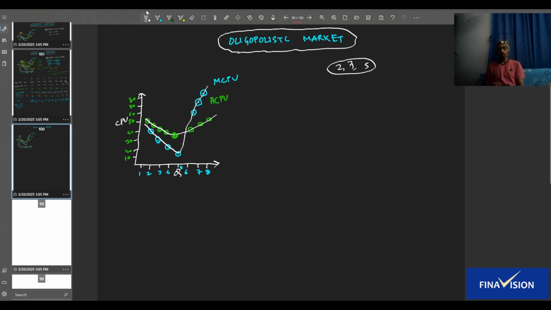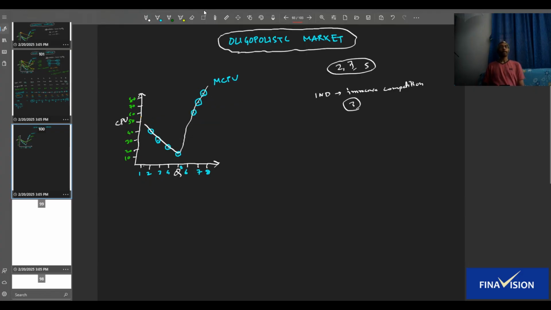But right now we will assume that there is a healthy competition between the participants. For example, the Indian telecom industry, I have taken this example before also. There is immense amount of competition between the players, although there are only 3 players. Only 3 players, but still there is immense amount of competition.